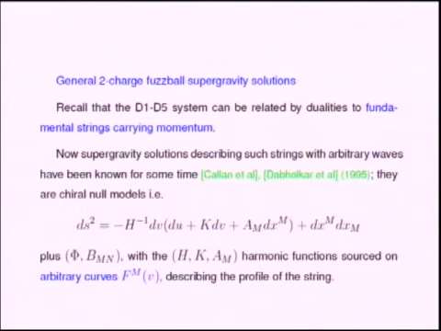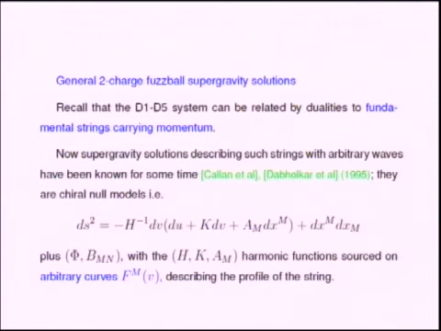Now, the simplicity of this case comes from the fact that you can do dualities and take it back to fundamental strings carrying momentum. And it turns out that in the literature, supergravity solutions describing fundamental strings with arbitrary momentum profile were known for a really long time, more than 10 years ago. In fact, they're chiral null models where the 10-dimensional metric looks like this.